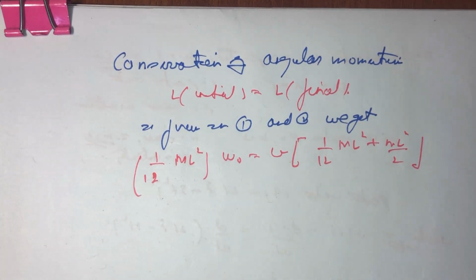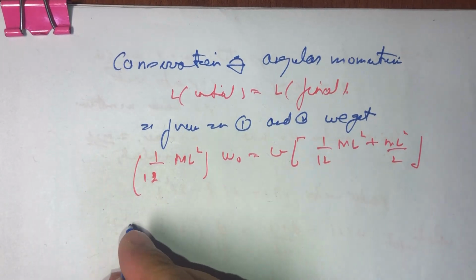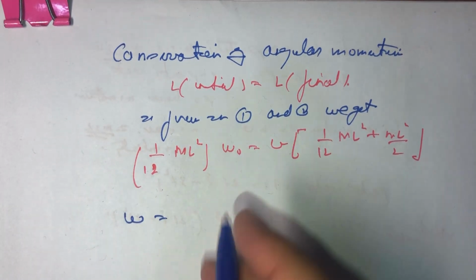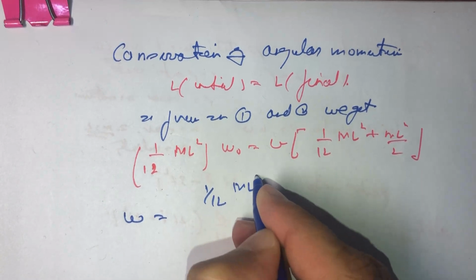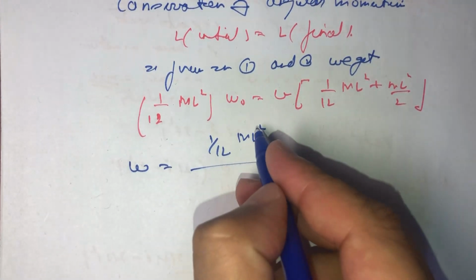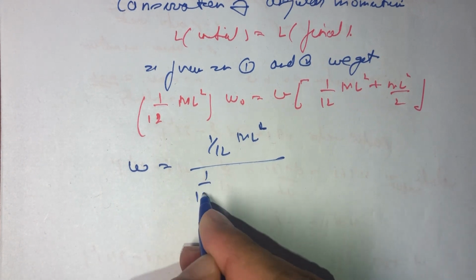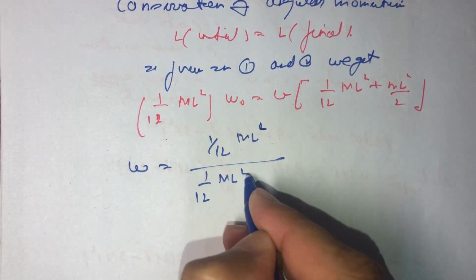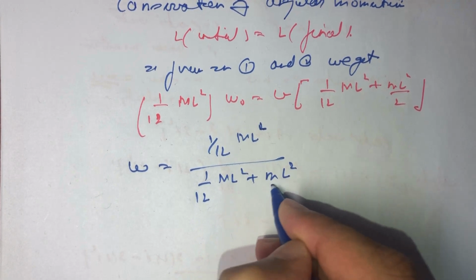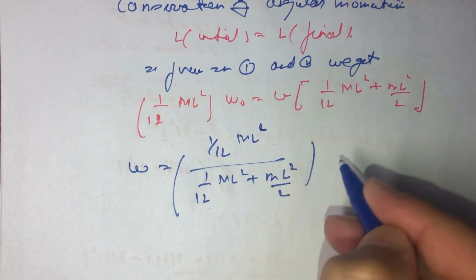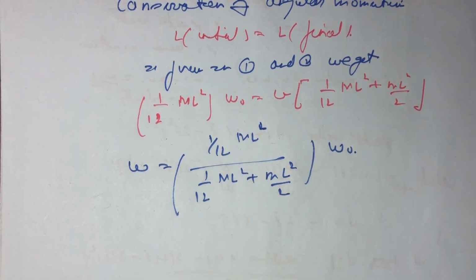So therefore, we get the value of omega as 1 upon 12 ML square divided by 1 upon 12 ML square plus small mL square divided by 2, multiplied by omega naught.